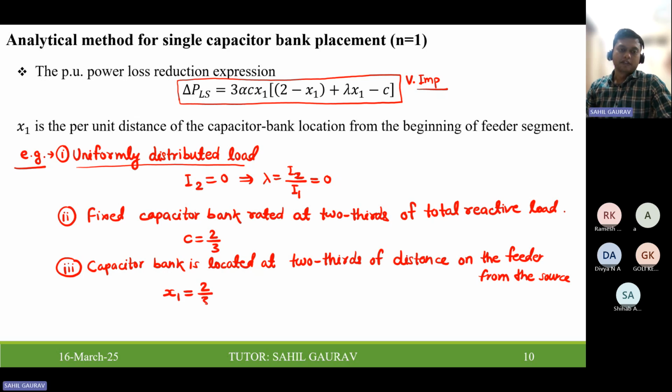In the problem they may tell another location also, another degree of reactive compensation also. So you can vary these two things and you can get power loss reduction. I have taken this example on optimal location and optimal size, and this location and size may vary.